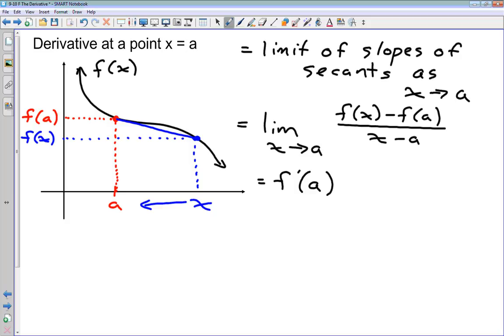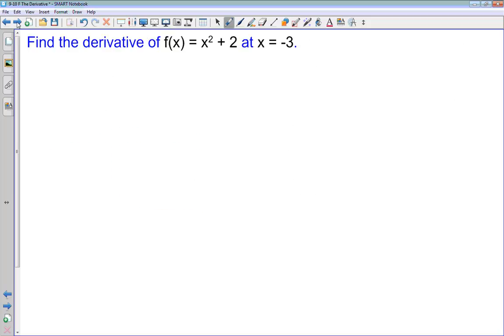So we did this using a table. What we're going to do this time is do it using everything we know about how to do limits algebraically. So let's just do an example here. We're going to find the derivative of f at x equals x squared plus 2 at the point x equals negative 3. So negative 3 here is our a value. We've got a specific point that we are interested in.